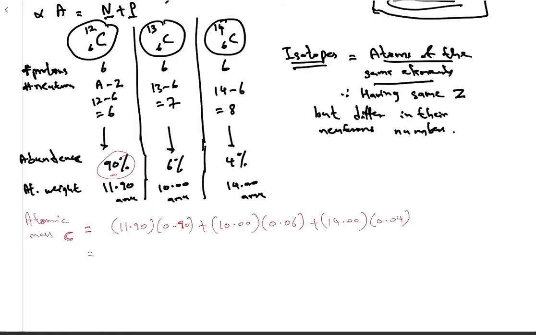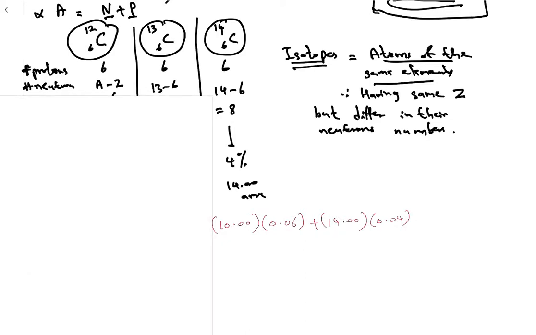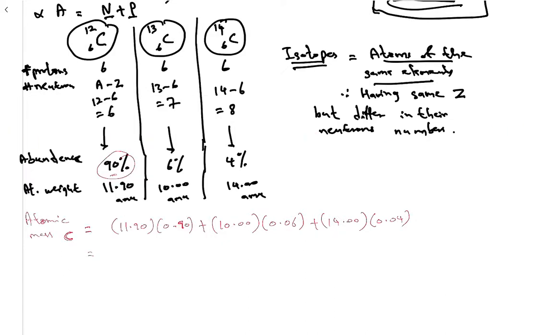So if you do the calculation on that, you will get 11.9 multiplied by 0.90 is 10.71, plus 10 multiplied by 0.06 is 0.6, and then you multiply your 14 by 0.04, which is 0.56, and you add up all of them, the 10.71 added to 0.6 and 0.56, you get 11.87 AMU.